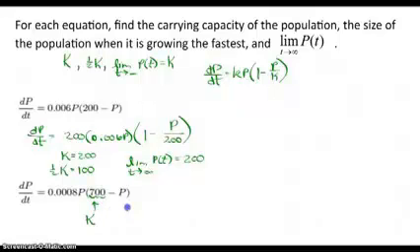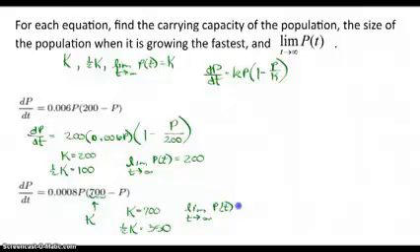So here we'll just cut right to the chase and say the carrying capacity is 700. It's growing fastest at half the carrying capacity, that's a population of 350, and the limit as t approaches infinity of our population is the carrying capacity, 700.